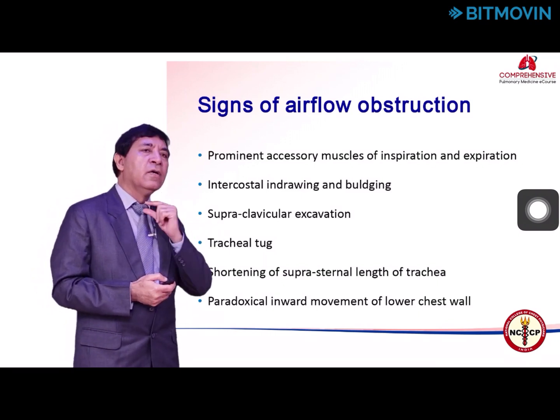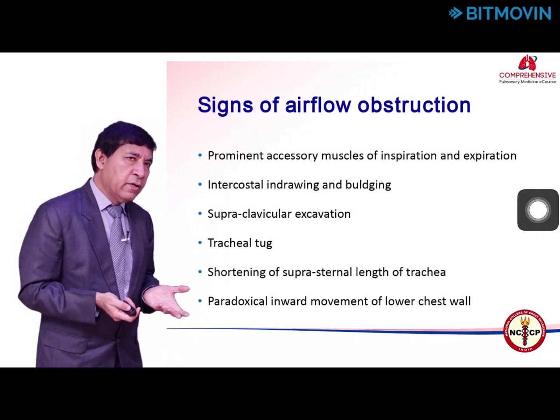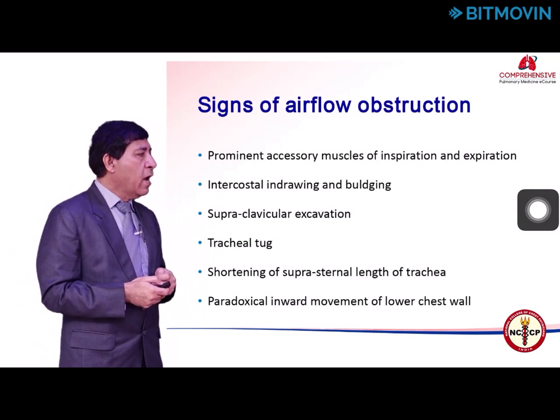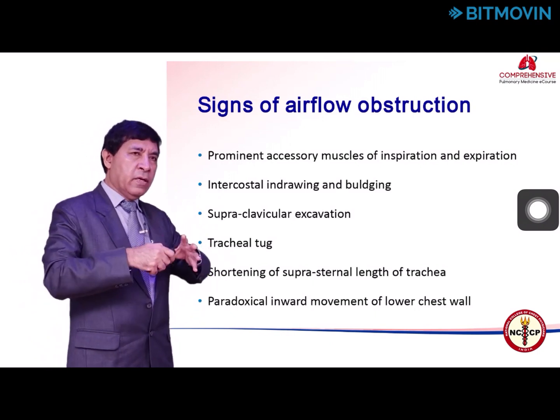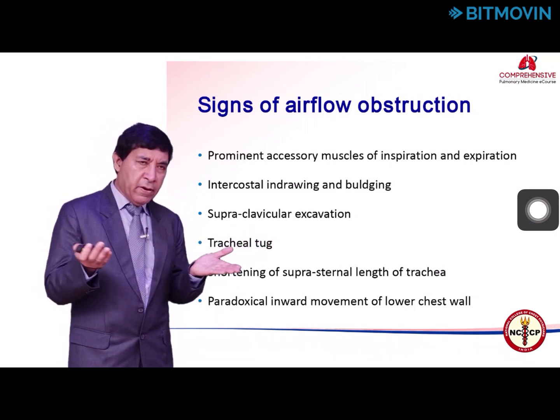So you may find that the extrathoracic length of the trachea may be reduced. So you will have either tracheal tug or shortening of the suprasternal length of the trachea, and then at the end, when there is a gross hyperinflation, when the diaphragms have gone down, they have become straight.